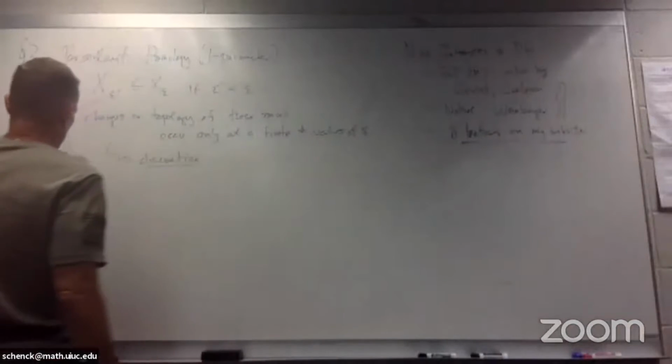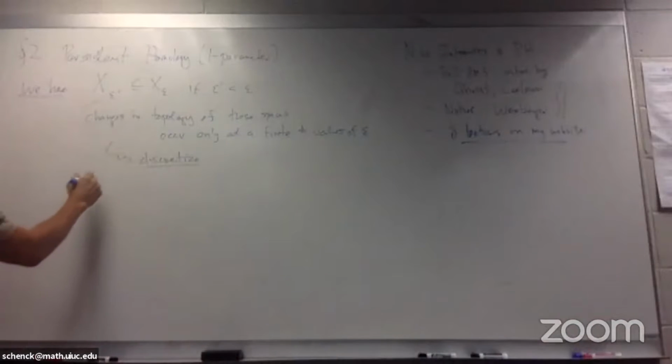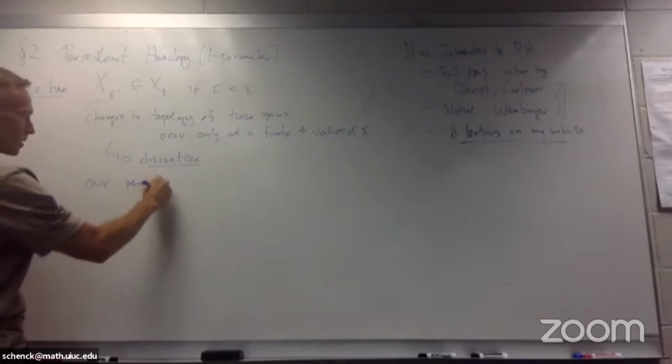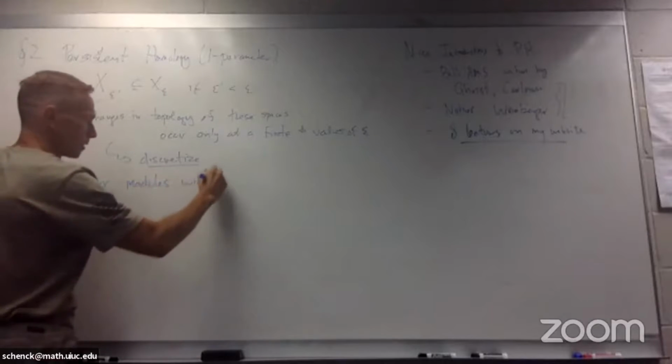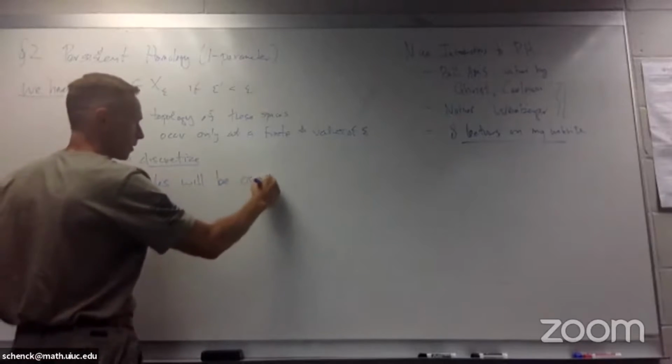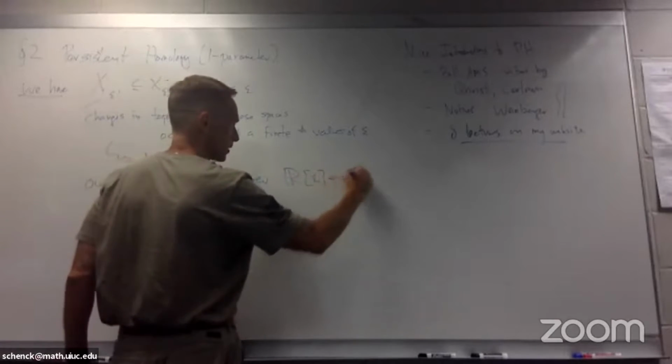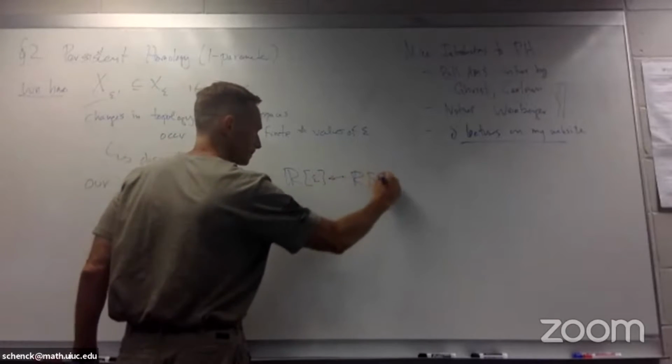Anyhow, so we discretize. And what's going to happen is that our modules will be over R of epsilon, and I'm going to write this R of epsilon as R of x.